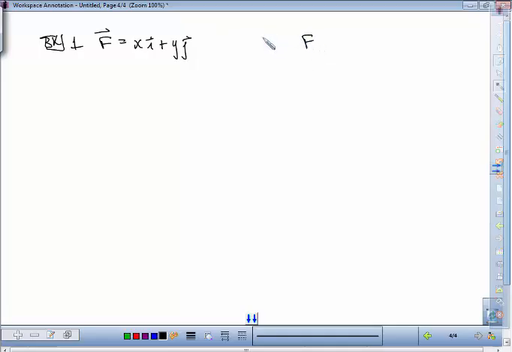And example number 2 is going to be a vector field where we have negative y in the I direction and x in the j direction. We've seen these vector fields before. In fact, this might have been the first 2 vector fields I gave as an example. These are good vector fields to work with because they're nice and simple.